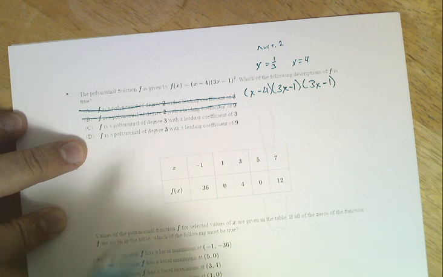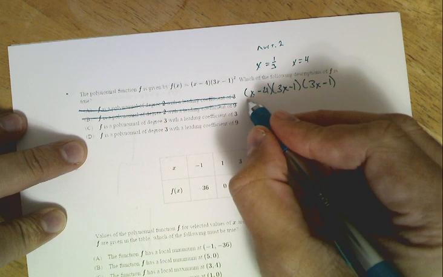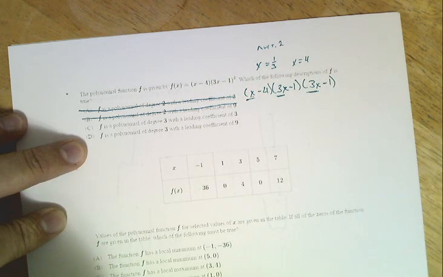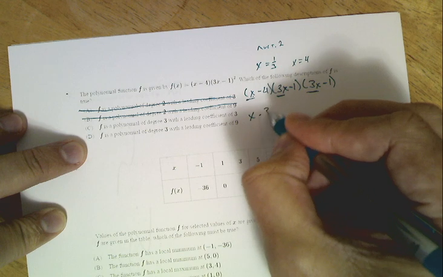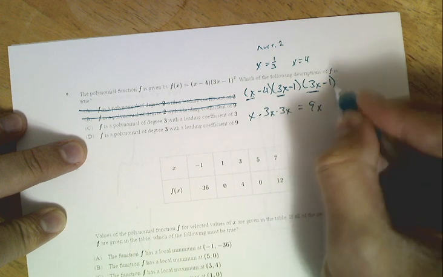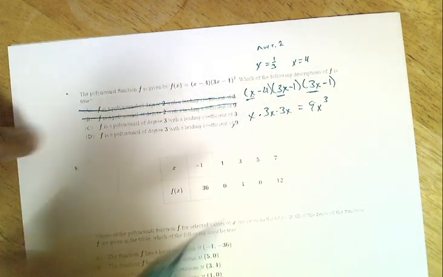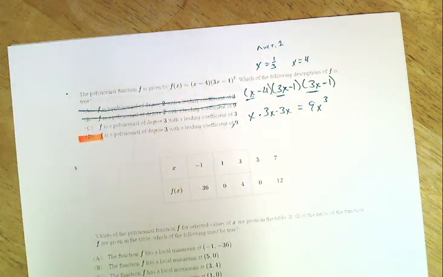All we have to do is multiply all the leading coefficients together of each binomial. So we have x times 3x times 3x, which should be 9x to the third. So we should have a leading coefficient of 9. D.